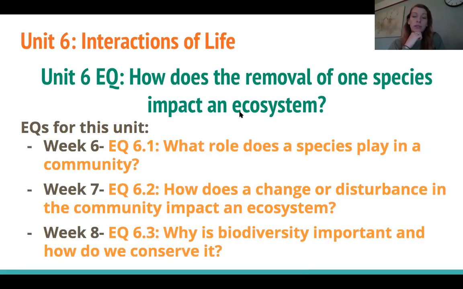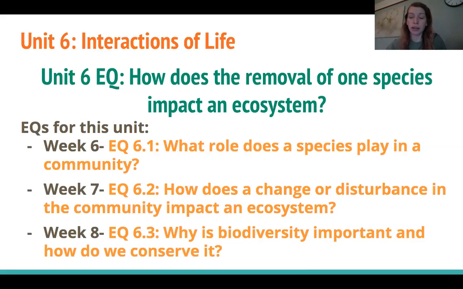Okay, getting into this unit, I'm going to go through this somewhat quickly, and then I'll let you guys watch other videos and use your Quizlet to go over some of this vocab. So this unit, and it's going to be a short one, obviously, because we're running into the end of the year, is all about how things in an ecosystem interact.